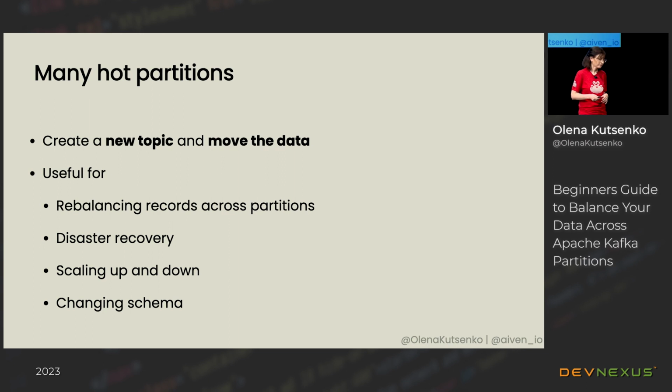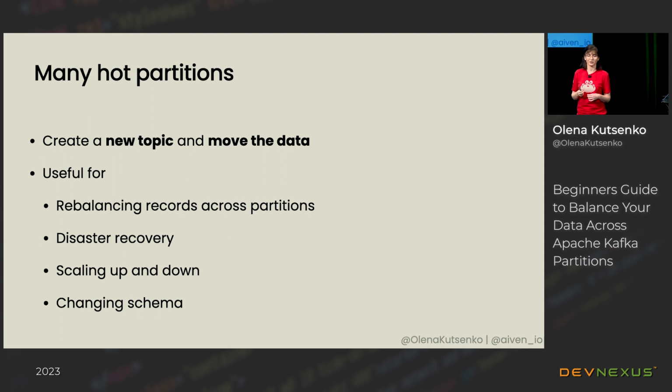You need to be aware of offset translations for this case, so that when you move, for example, consumers, they stop consuming data in the old topic and start from the new topic, from the right time, and they don't consume records twice or miss records.